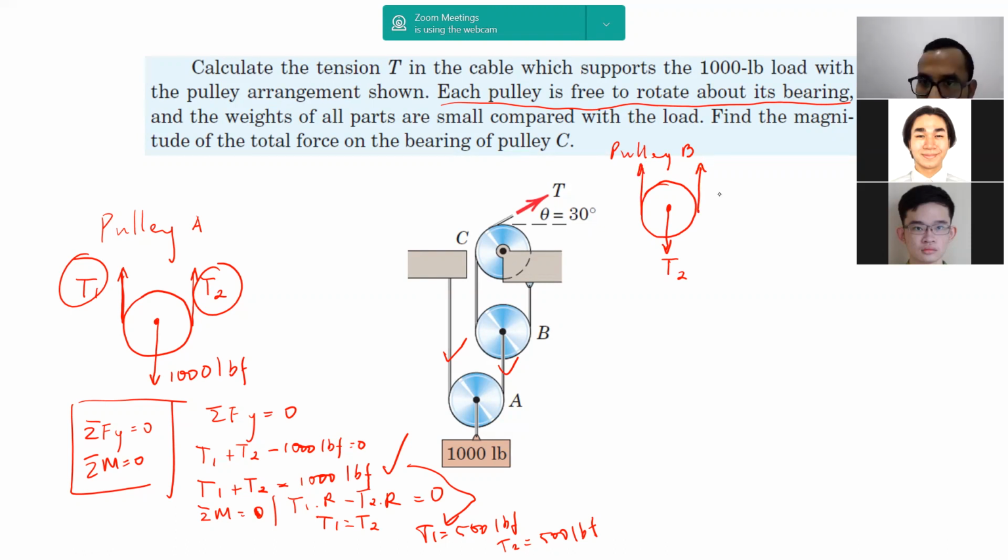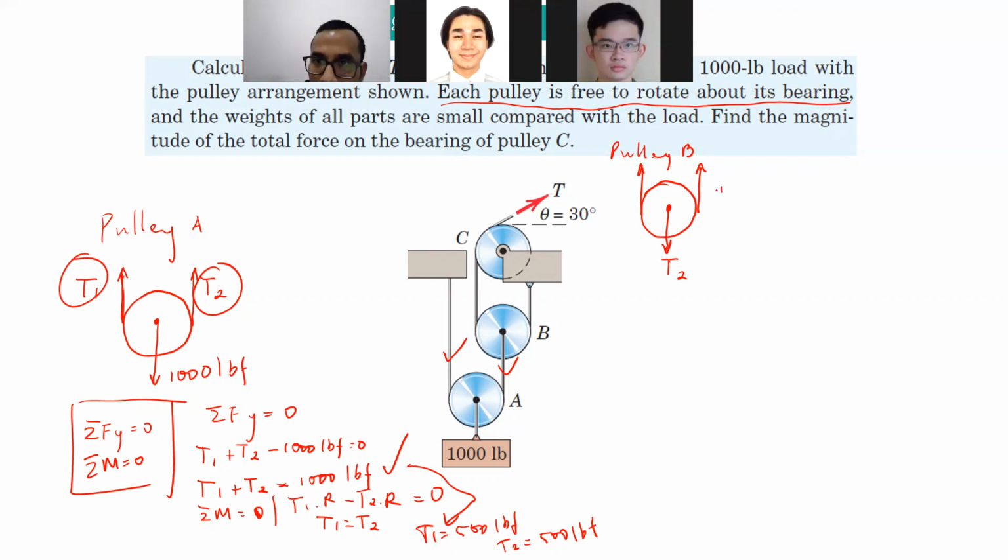I will name this T3 and this T4. T2 we already know the value, right? So T2 is equal to 500 lbf. How about T3 and T4, Mario? Find using sigma Fy equal to 0.